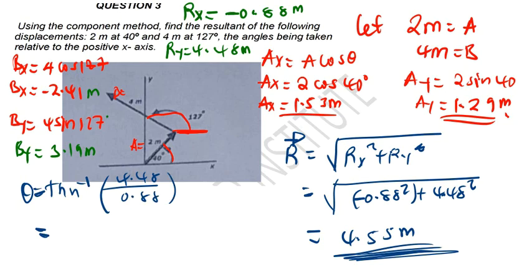So shift tan, open bracket, 4.48, we divide it by 0.88. I close the brackets. I'm getting 78.8, which is the same as 78.9 degrees.